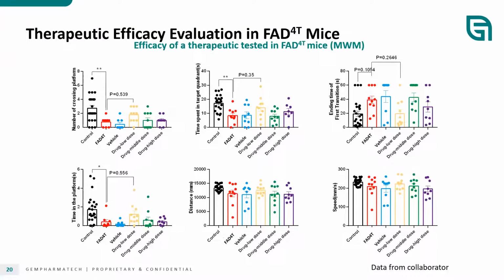Interestingly, there appeared to be some slight improvements in the low dose treated animals compared to the other FAD4T animals. However, this was not observed in all parameters or in all animals. There is still a fair amount of variability seen within even the reasonably successful group.